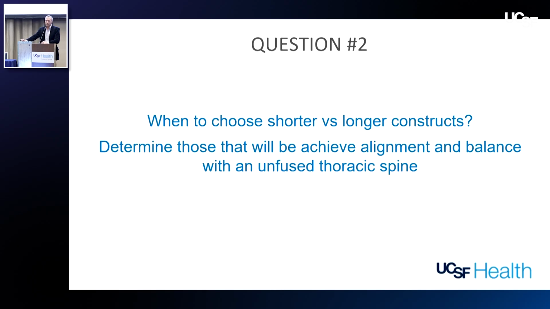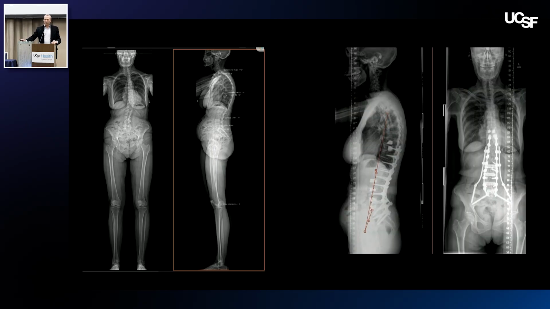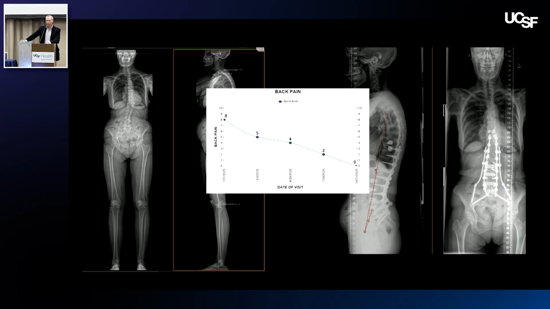But the second question is, what do we do when we want to stop at T10 or shorter? What are the determinants that will achieve alignment and balance in an unfused thoracic spine? That's the real challenge. Here are a couple of cases. An older lady fused from T10 to the pelvis with dual rods, with pretty good results maintained over time.